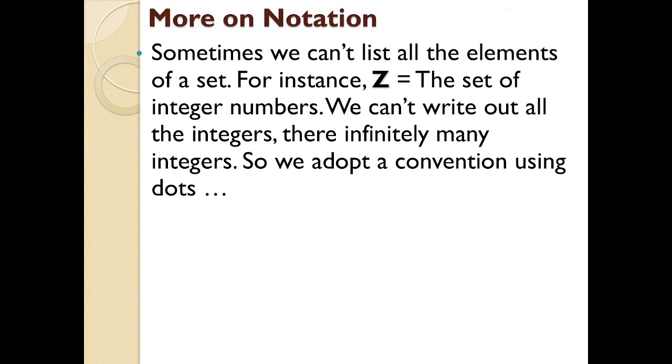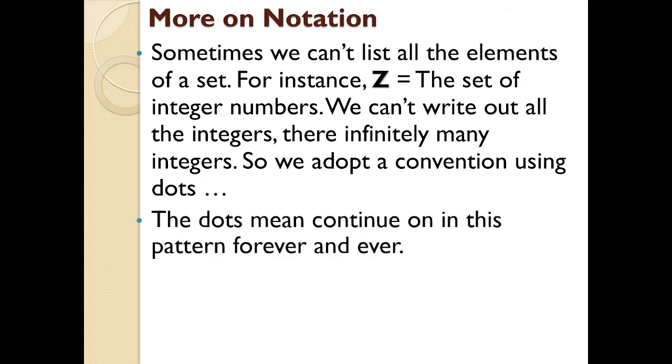We cannot write out all the integers, because the number of integers is infinite. So we will be using the 3 dots. You know what these 3 dots mean? It means continue, without an end. It's infinite.